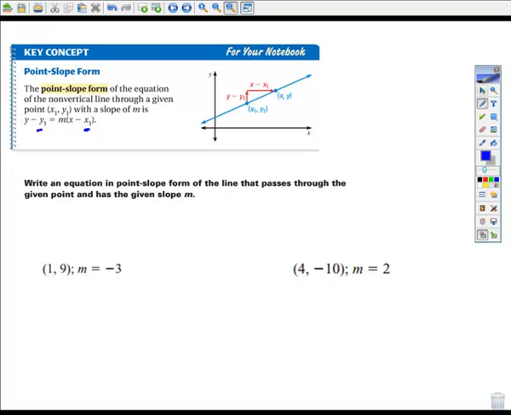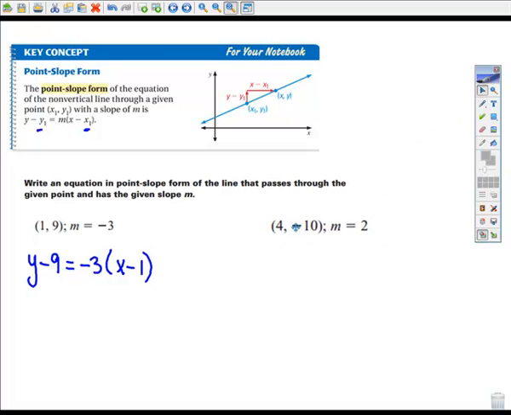So let's write this first coordinate and slope in point-slope form. I have y minus y1, which is 9, equals m times the quantity x minus x1, which is 1. That's it. That's all there is to point-slope form.